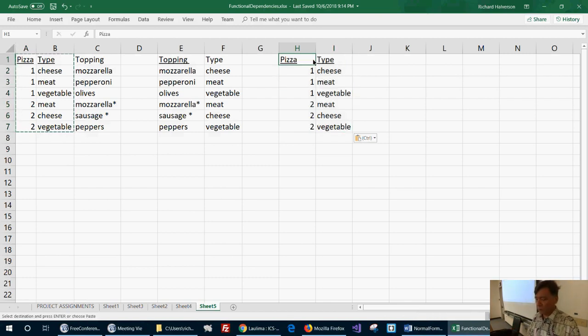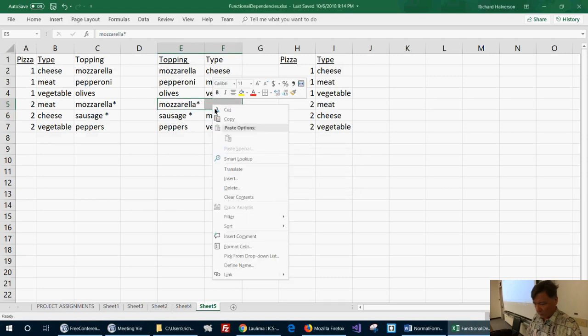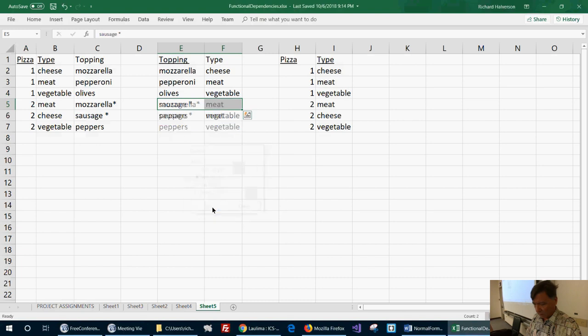These two other things are the primary key. Take this out. We don't have sausage, so let's put this down here. So meat, vegetable, okay, we can take this off now. Okay, so that's fixed.